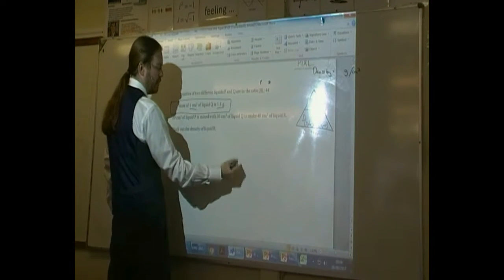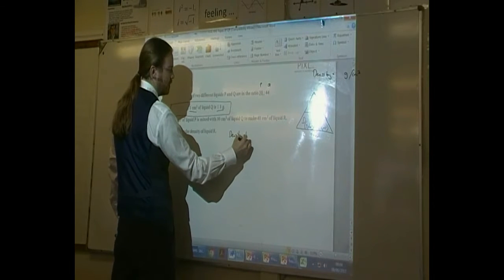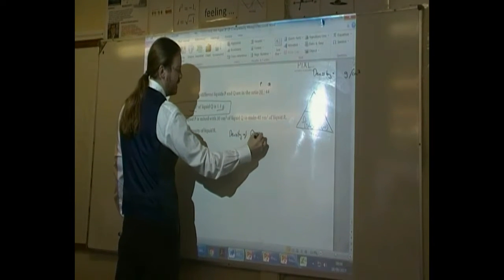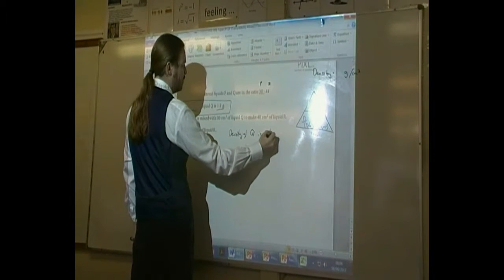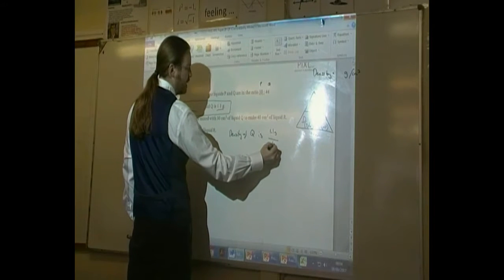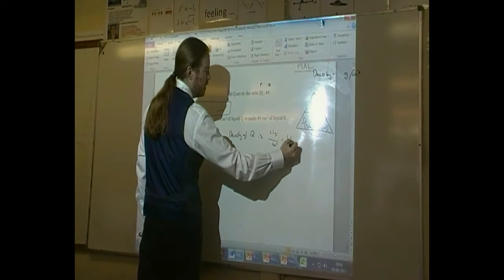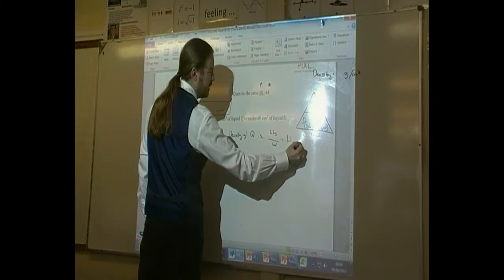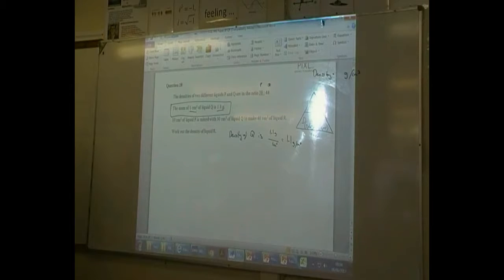So, first step, density of Q is 1.1 grams divided by 1 centimetre cubed, which is 1.1 grams per centimetre cubed. So that's liquid Q.